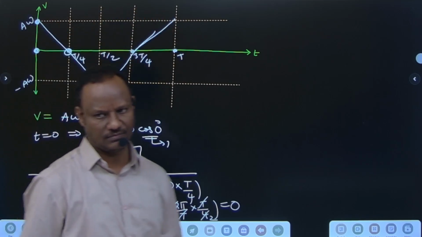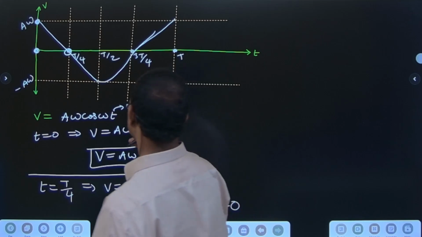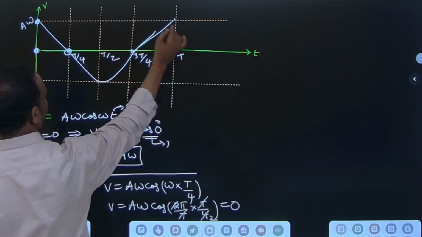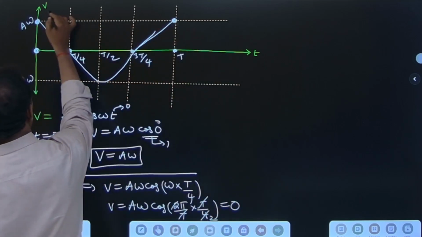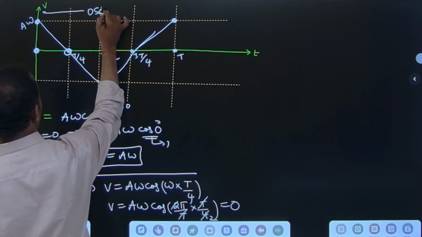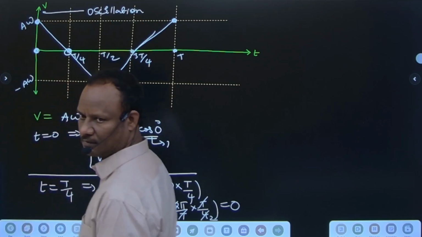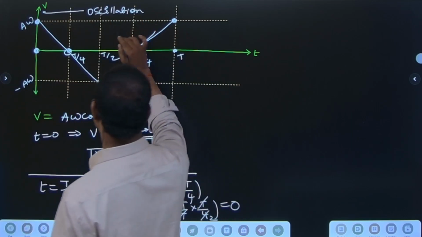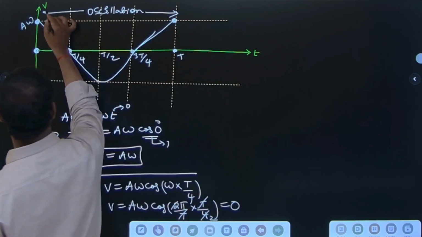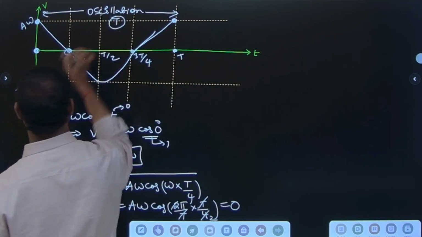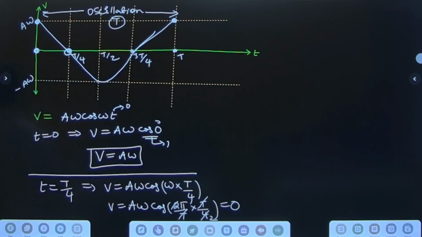This is one wave, so this is one oscillation from this up to here, t equal to T now. What is the time period here? T is the time period. This is just a graphical presentation of velocity versus time. Like this we can write it.